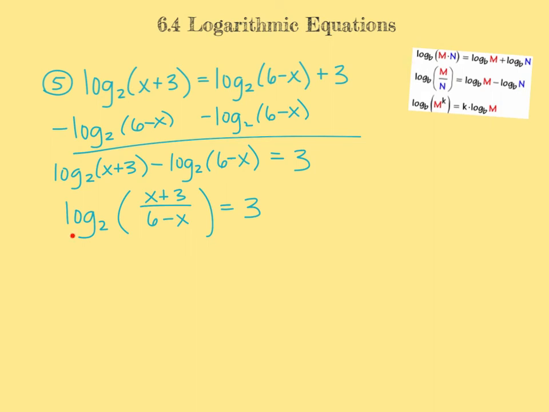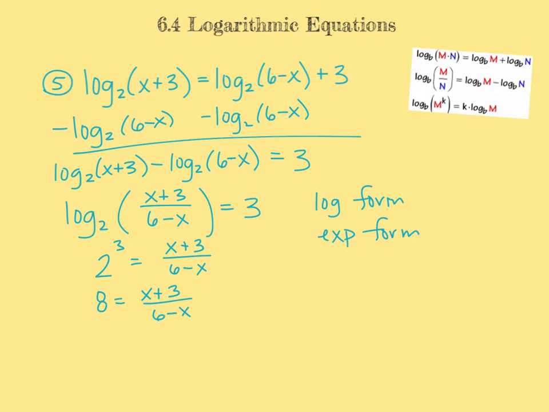Now we have our equation in log form. So we want to get it into exponential form. So our base here is 2, our exponent's 3, and it equals this wonderful quotient. So we have 8 equals, again, the wonderful quotient.